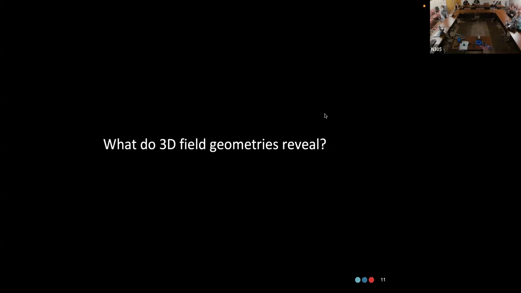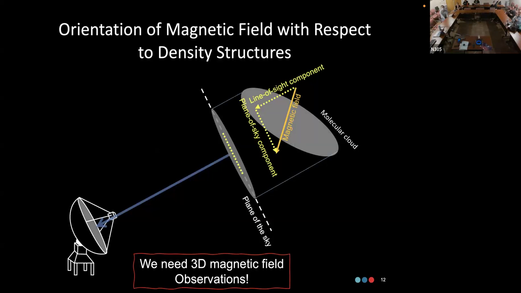And we care about 3D magnetic fields because if we have a molecular cloud, as we can see in the gray scale here, if I show with my cursor, and a magnetic field that are perpendicular to each other, we have a line of sight component and a plane of sky component.